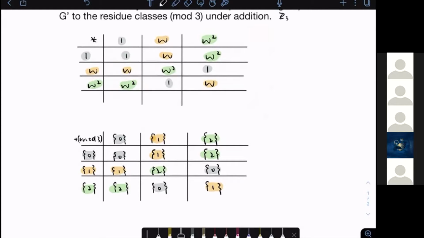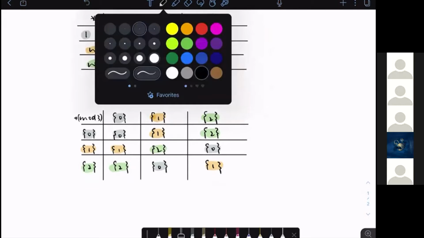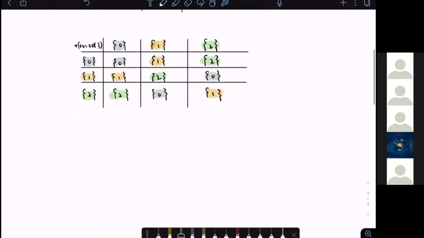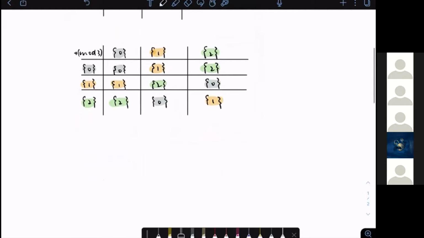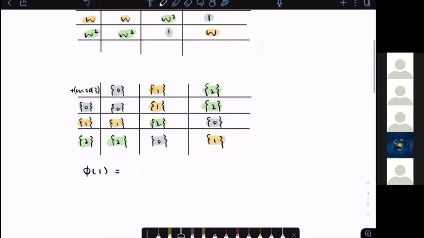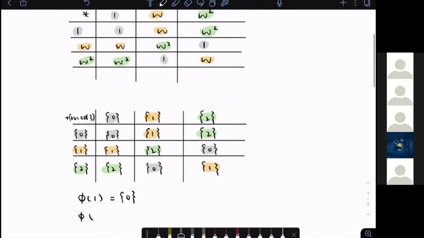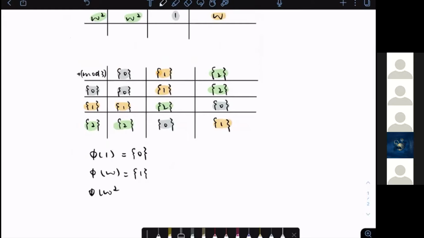From the colors, we can see that it is a one-to-one and onto mapping, which is bijective. So the isomorphism is that phi(1) equals 0, phi(W) equals 1, and phi(W squared) equals 2.